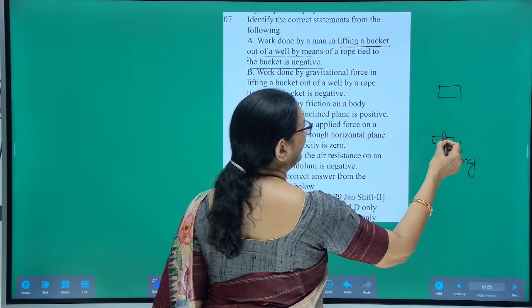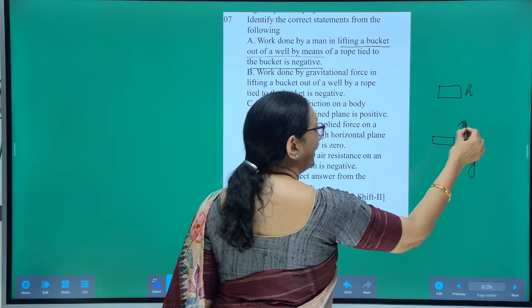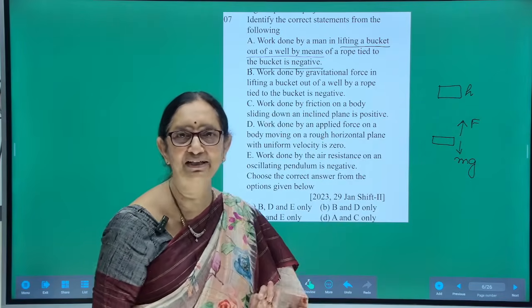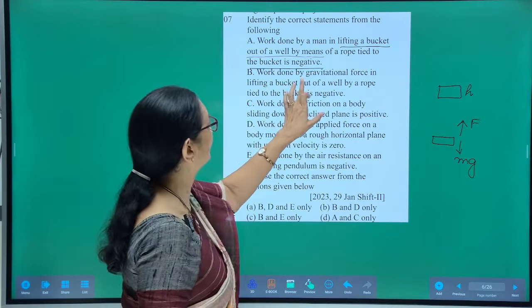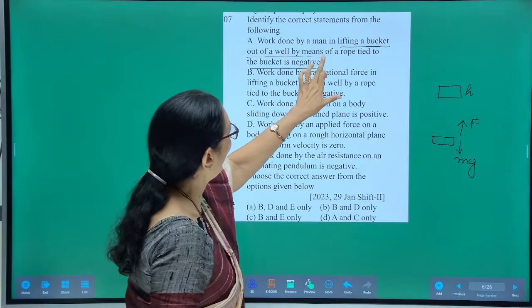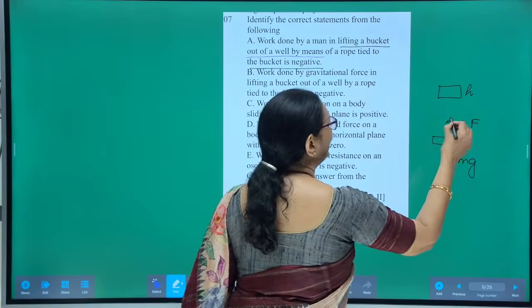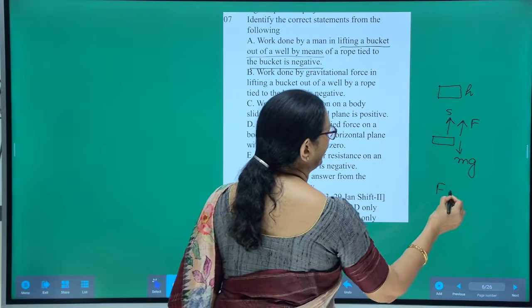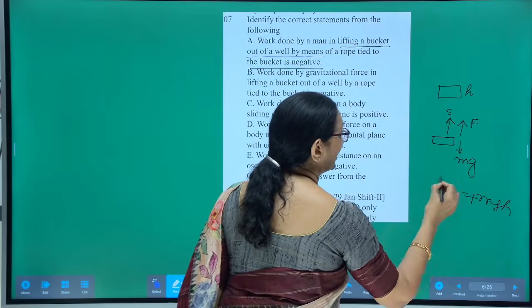If the man lifts the bucket to a height h, he has to apply a force to balance the gravitational force or weight of the bucket. So, work done by the man in lifting the bucket is force times displacement. As they are in the same direction, that is mgh, it is positive.